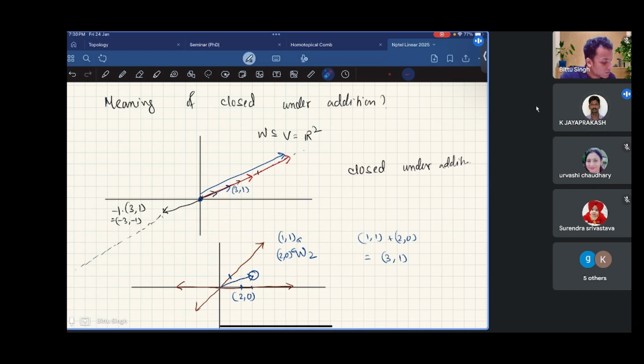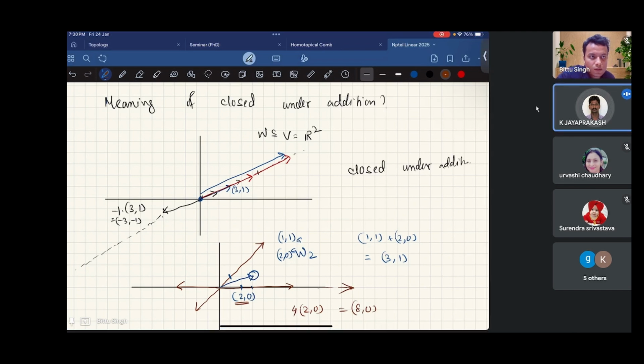So here you can see this W2 is not a subspace. It is closed under scalar multiplication. For example, if you multiply 2, 0 by 4, it will be 8, 0, which will also be on the x-axis.